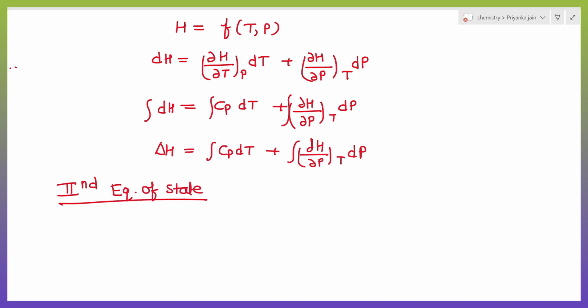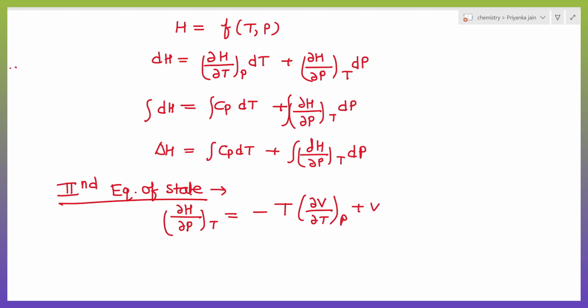You can find its link in the description box. From this equation, we know del H upon del P at constant T is equal to minus T del V upon del T at constant P plus V.